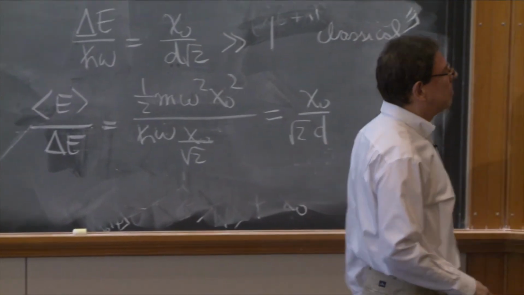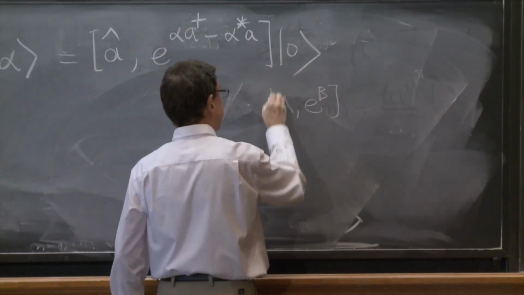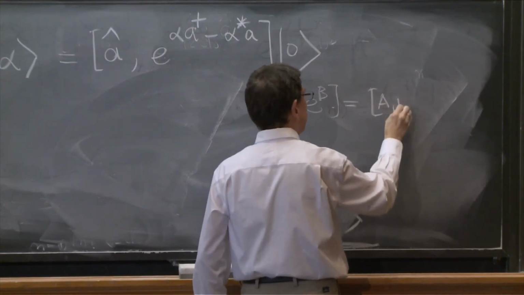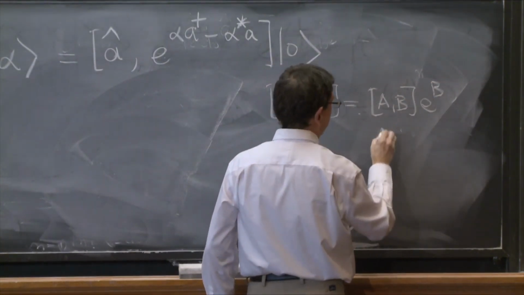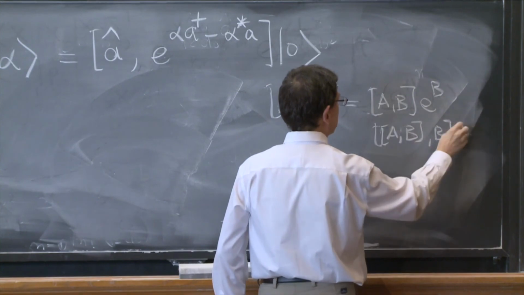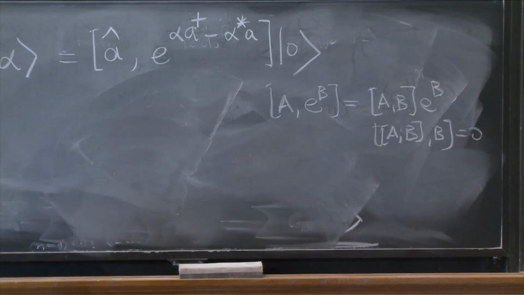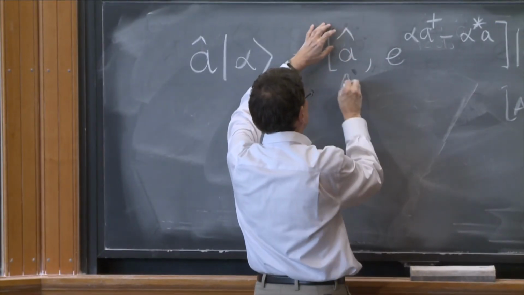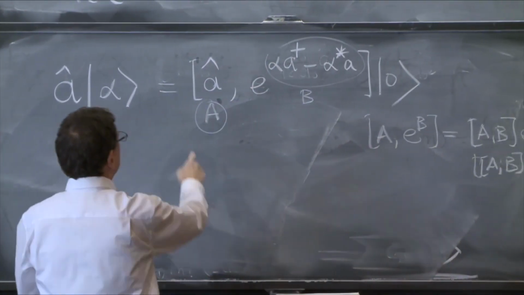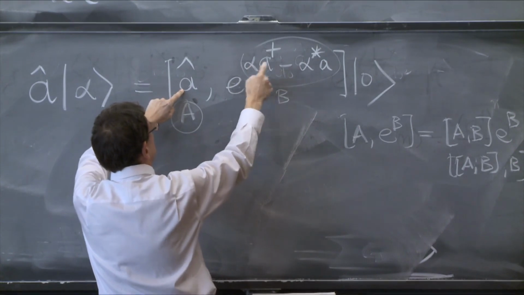Again, it's a little scary, but A with an exponential e to the B, it's in the formula sheet, Campbell-Baker-Hausdorff again, is the commutator of A with B times e to the B, if the commutator of A with B commutes with B. Well, this is A, this is B. A with B is just alpha times 1, because it commutes.